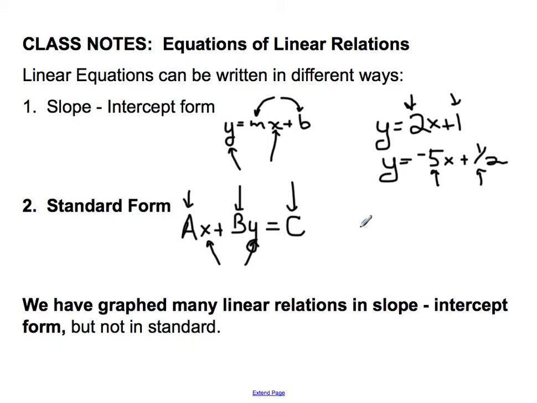Once we put numbers in there, we're going to get a linear relation. When we change those parameters, we're going to get a different line. So we're just going to learn how to graph. We've done many of the graphs in slope-intercept form, in lesson 1 and lesson 2. Now we're going to practice doing it in standard form.